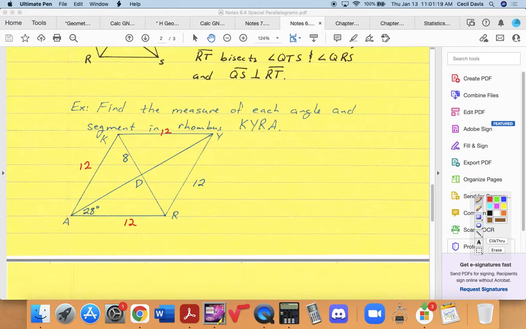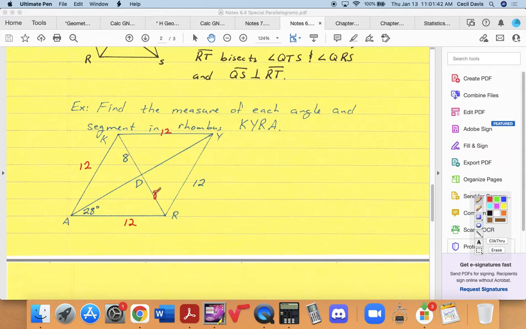Oh, sorry, we're doing sides. That's okay, we'll get there in just a second. What other segments do we know here? We know segment KD is 8, so DR is 8.